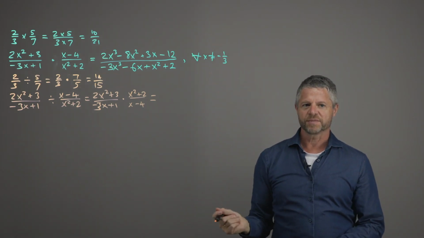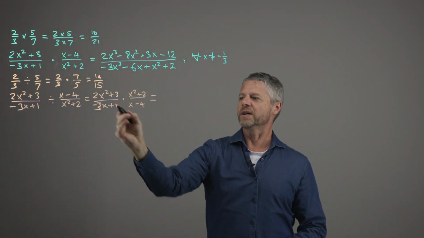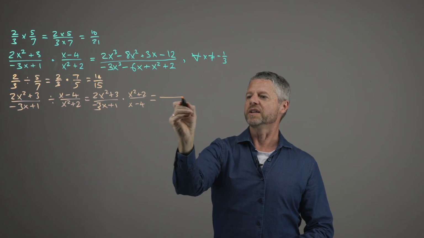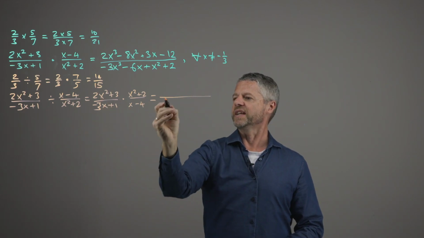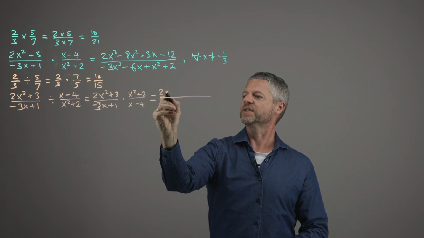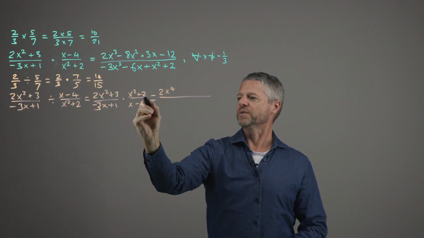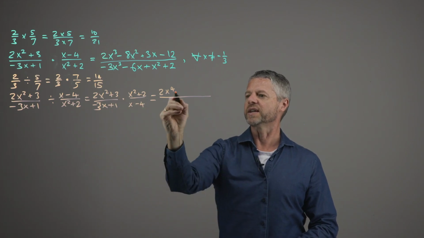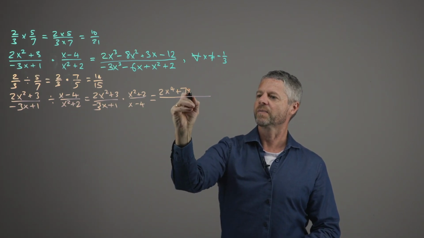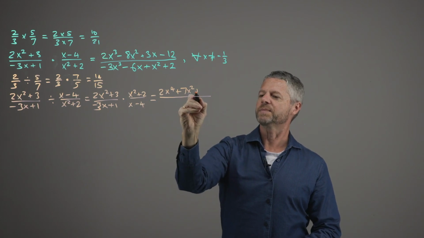And then we just proceed as we did for the last example. So we'll have in the numerator, let's see, we'll have 2x to the 4, and we'll have a 3x squared and a 4x squared, so 7x squared. And we'll have a plus 6.